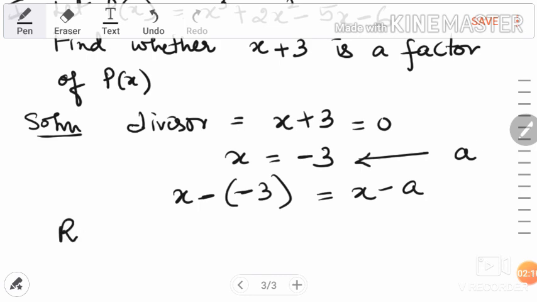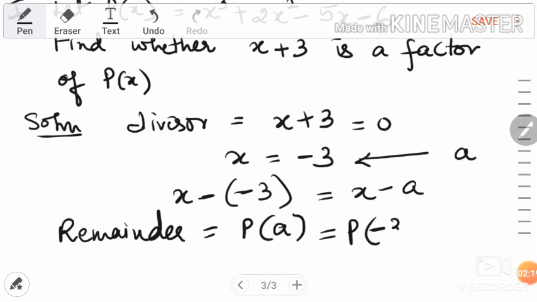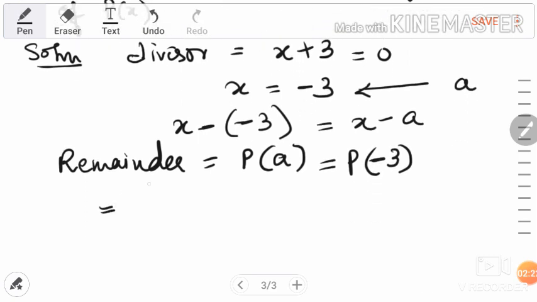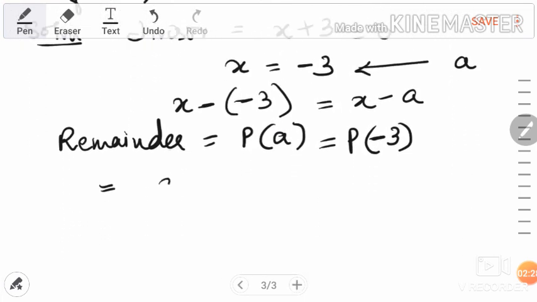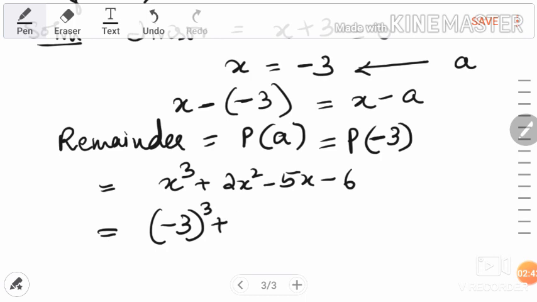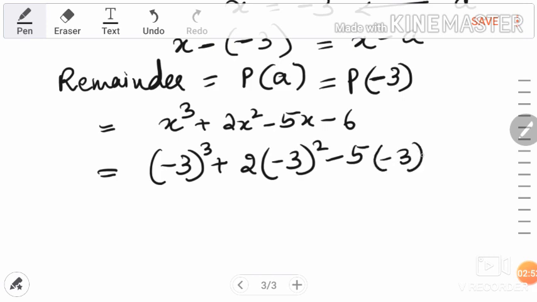Now to find the remainder, we find the value of polynomial at a, which is p of minus 3. So this is equal to, looking at the polynomial, x cube plus 2x square minus 5x minus 6. Now substituting minus 3 in place of x, minus 3 cube will be minus 27.